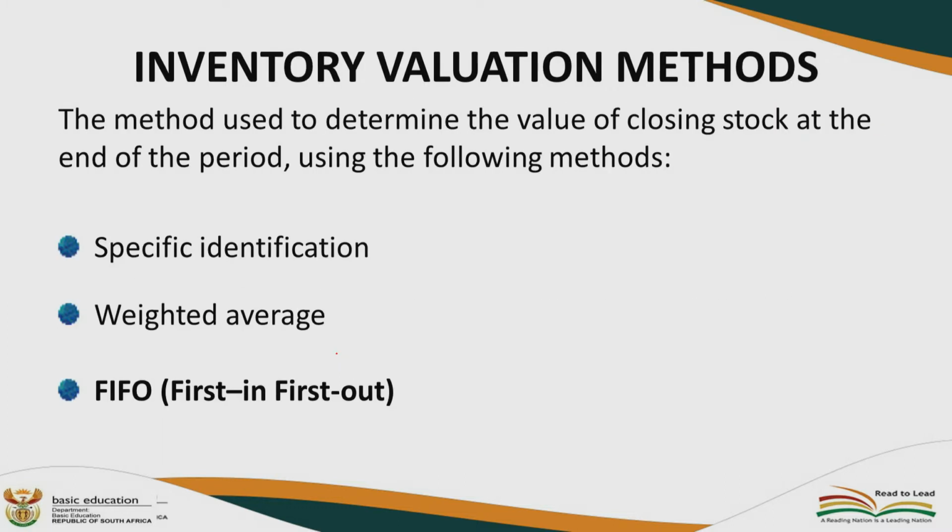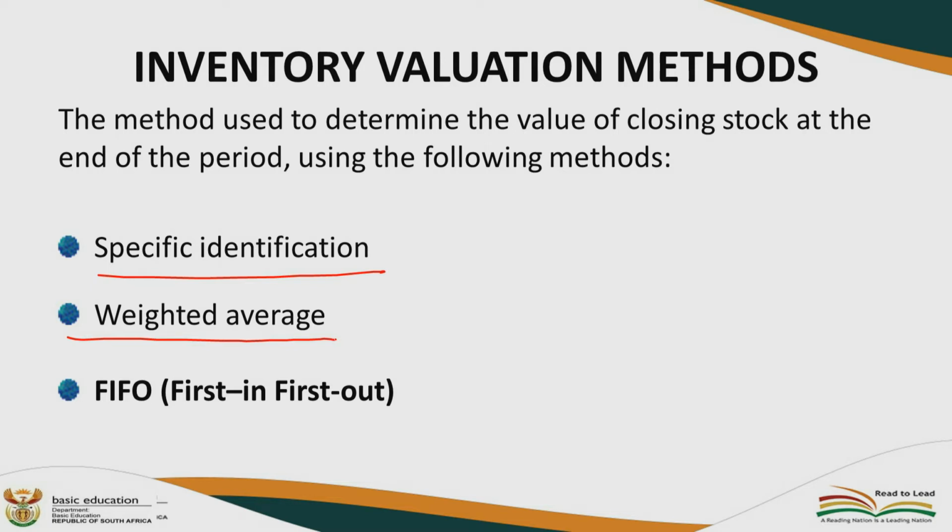Now, in our matric syllabus, boys and girls, very important that you note, we have three inventory valuation methods. Number one, the first one is your specific identification. Very simple. The second one is your weighted average method.